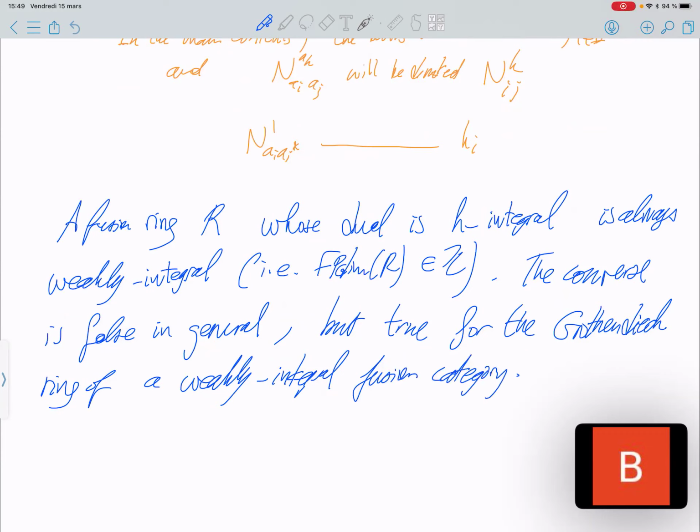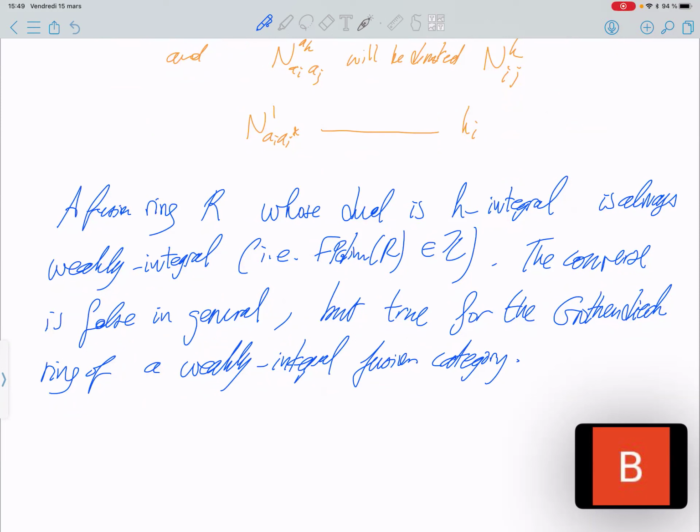In fact, that's why this is a very, very interesting notion. So this property is always true at the categorical level for the dual.